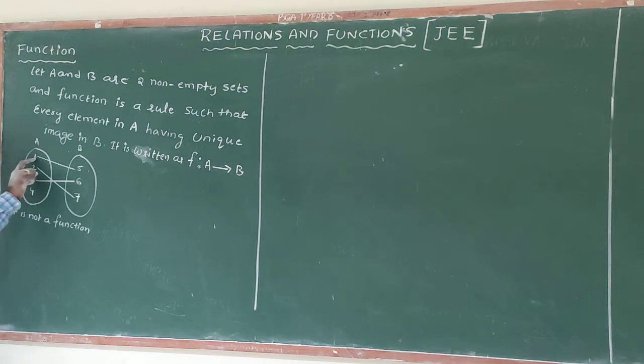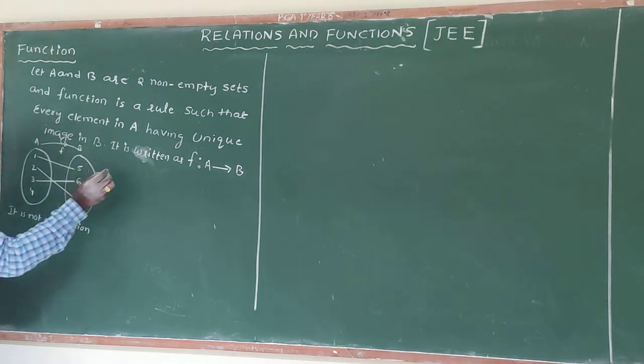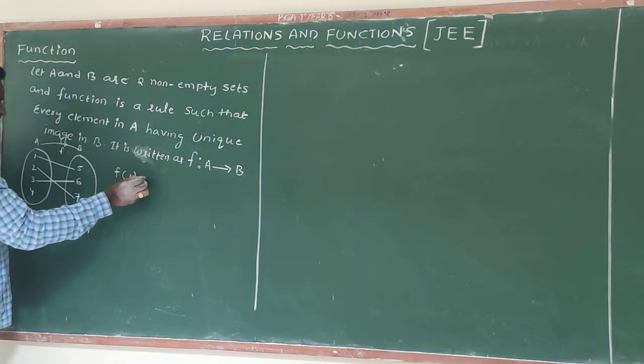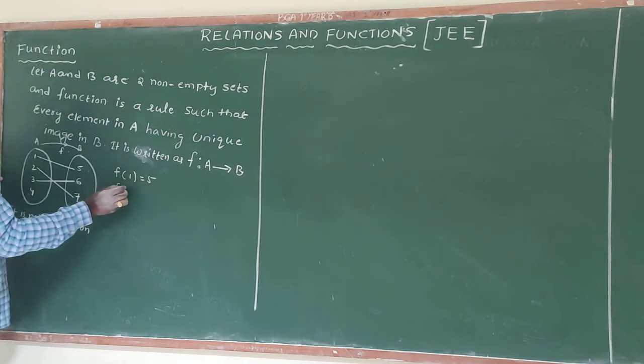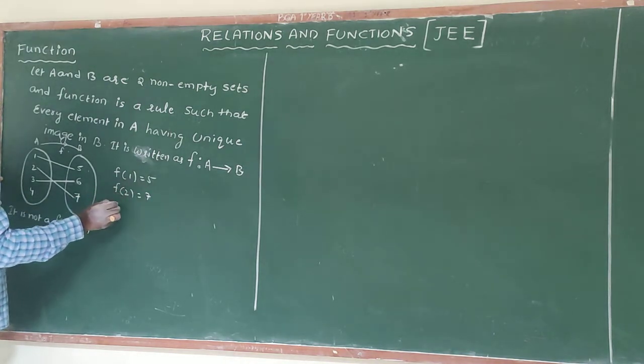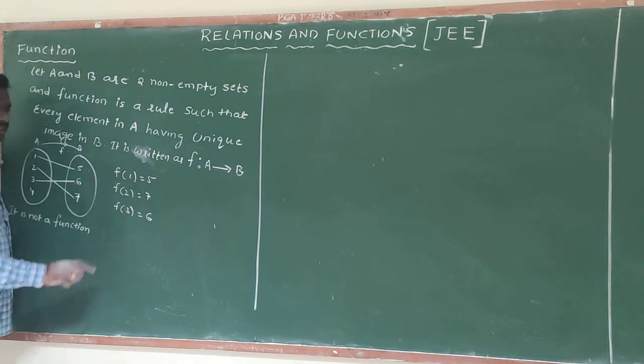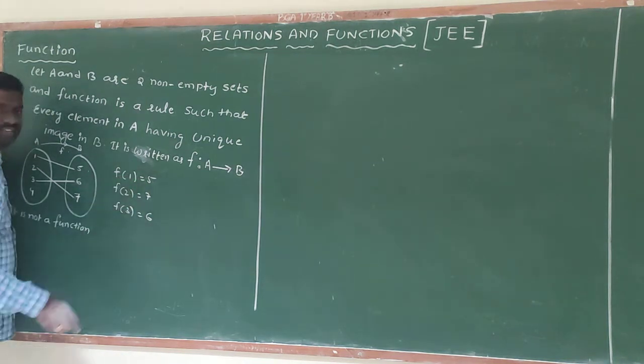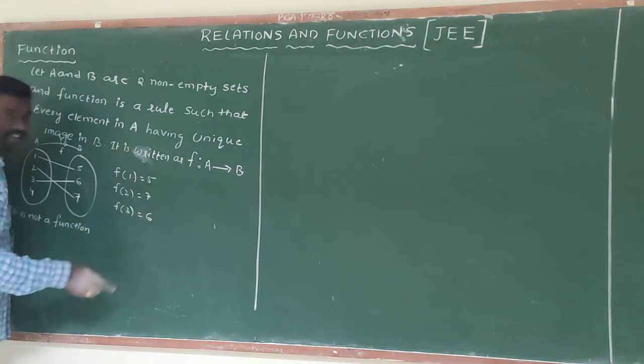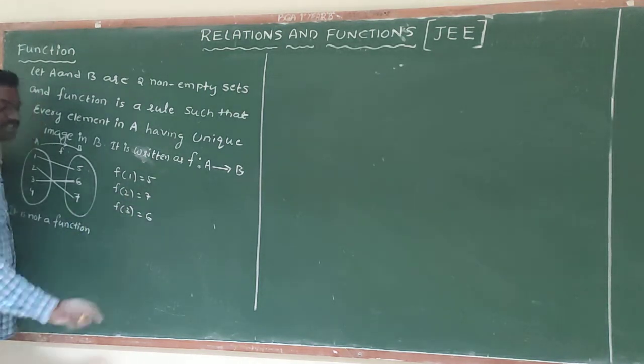What is the image of 1? 5. What is the image of 2? 7. What is the image of 3? 6. So if we take the function as f, we can write f of 1 equals 5, f of 2 equals 7, f of 3 equals 6. Means the image of 1 is 5, image of 2 is 7, image of 3 is 6.